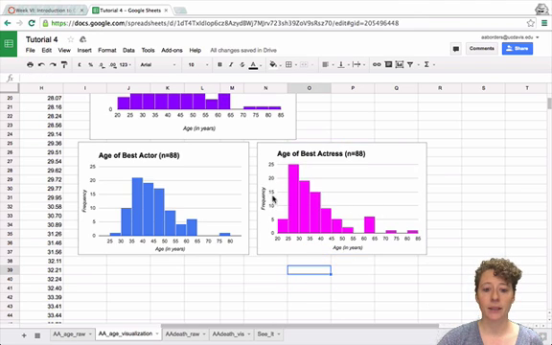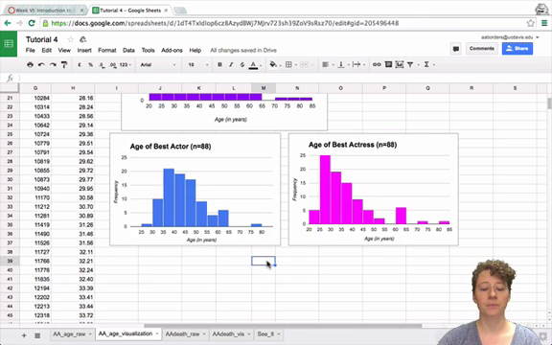Okay, and the labels are appropriate here. They're the same as what we had before. And again, we have an informative title. These are the best actors. These are the age of the best actresses. And now I have a subgroup of our population. So I'm using the lowercase n. There's 88 winners for men, 88 winners for women. Those look good.